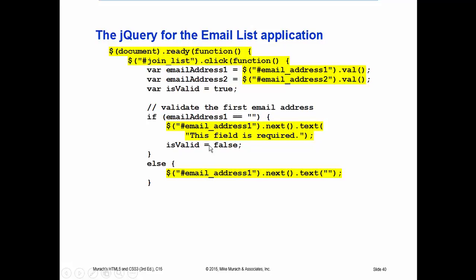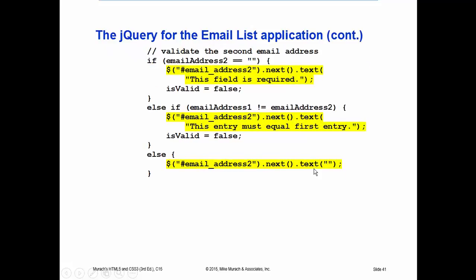If it's blank, we put down the field is required, and we set our is valid to false. Otherwise, we set that error area to nothing. Same kind of way we did it before. Then we look at the second one, and if that's empty, we do a similar kind of thing.